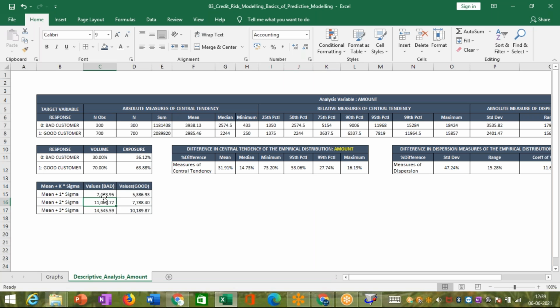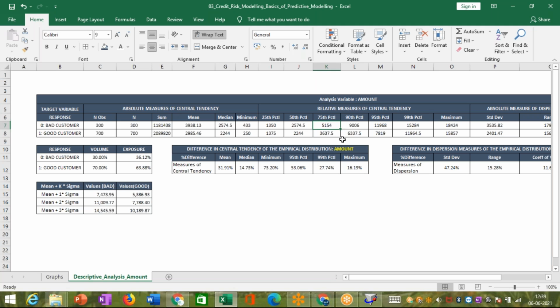Now within plus minus 1 sigma you would have nearly 66.67% of the observations if it is a normal distribution. But one thing you can clearly see here is that it lies roughly between the 75th to 80th percentile.